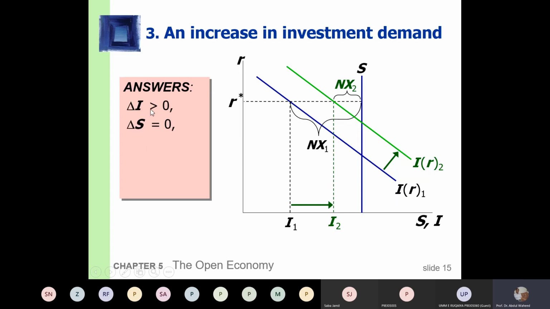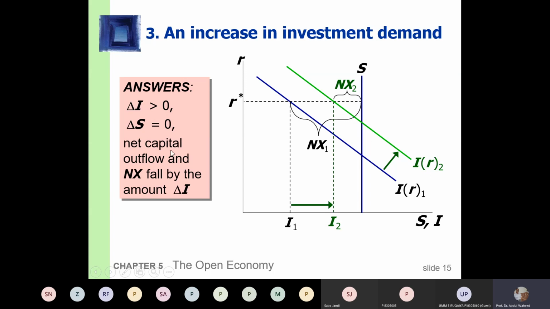So in this case, you can see that when there is an increase in investment, delta I is positive. If we take I2 minus I1, we can see that the change in investment is positive. In this case, the change in saving is zero because saving is fixed. There is no change in saving.